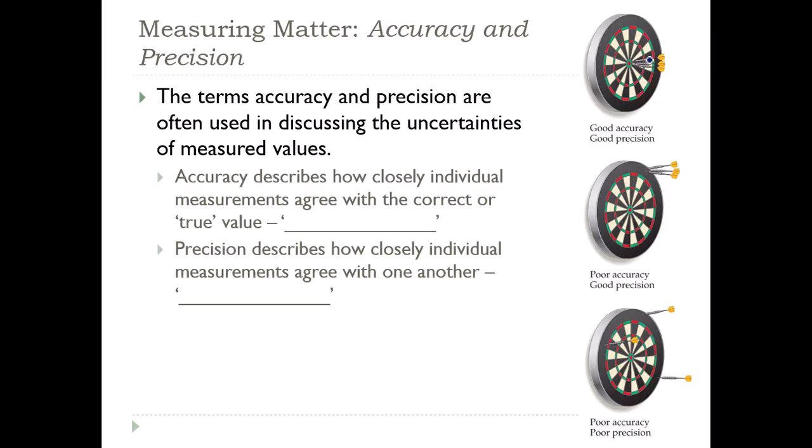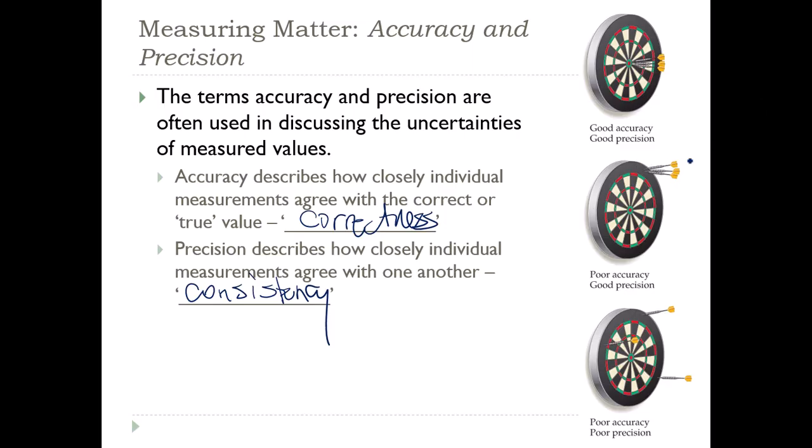Accuracy describes how closely individual measurements agree with the correct or true value, so correctness, while precision describes how closely individual measurements agree with one another, consistency. So hitting the target would be accurate, and hitting the target every time would be precision.